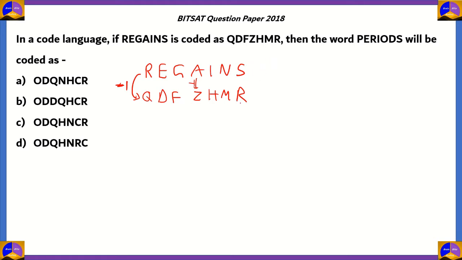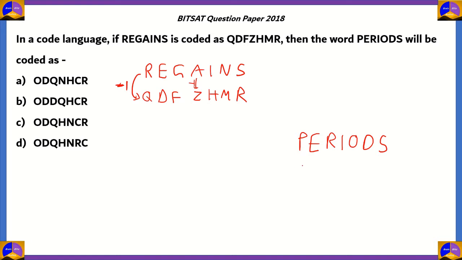So now we know the relation between the word and its code. Let's apply that to periods. So P-E-R-I-O-D-S. So now we will take the previous letter.